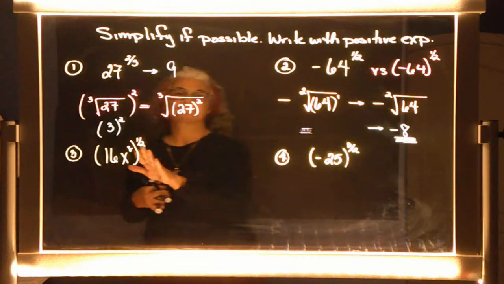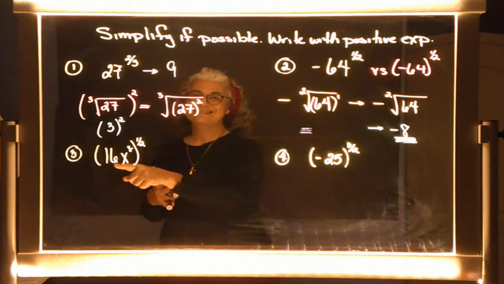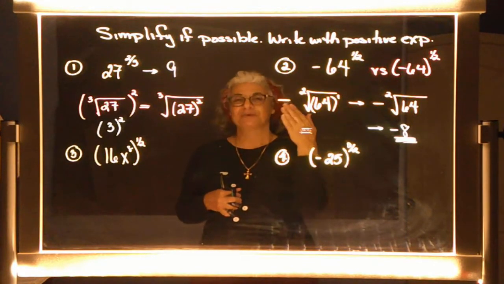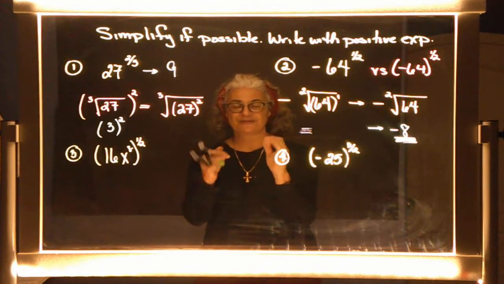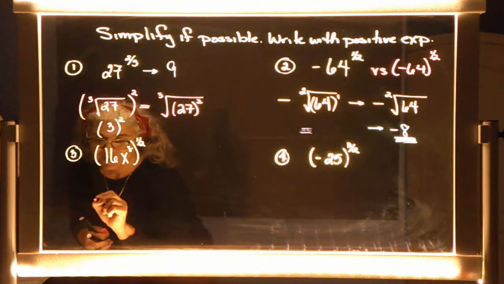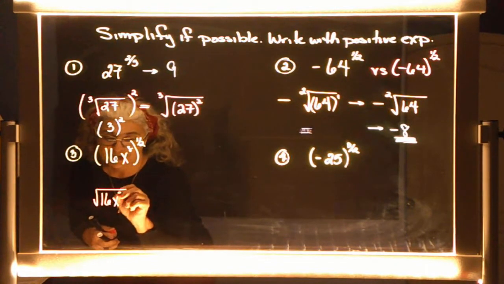So, in this case, what's your base? Yeah, your base is a 16x to the 8th power. Why? Because it's in parentheses, which means under the radical will be a 16x to the power of 8.